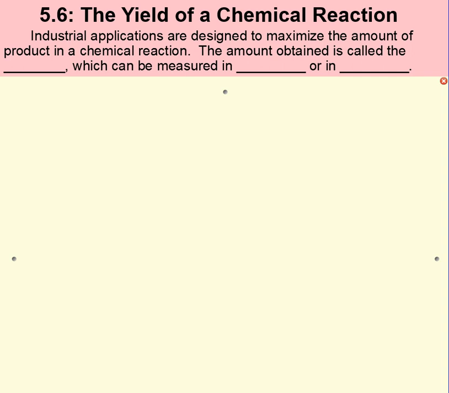and chemical engineers use. And one of the really important things in chemical reactions, especially when it involves industry, is what's called the yield of a chemical reaction. We're concerned with maximizing the amount of product because it's being used for sale. Profit is important. Environmental factors are important.